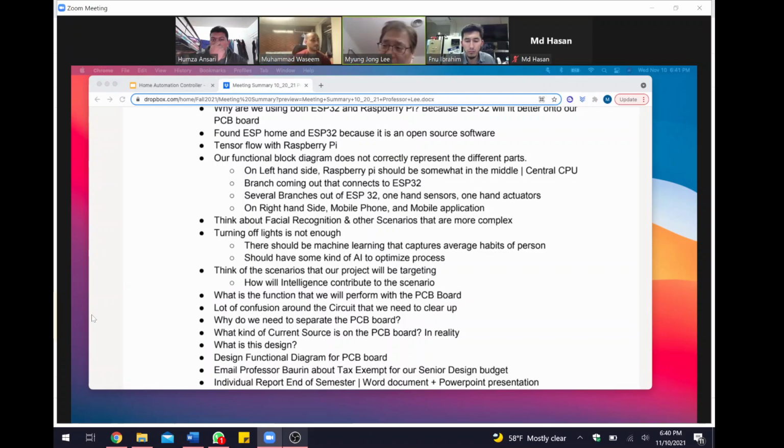The object detection, yes, that's certainly one of them. If it's simply object detection, maybe a camera is too expensive. Object detection can be done using the ultrasound sensor. Professor, the camera is not that expensive, I think. What I'm saying is that presence detection can be done by the ultrasound sensor.